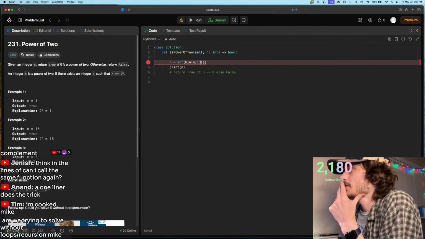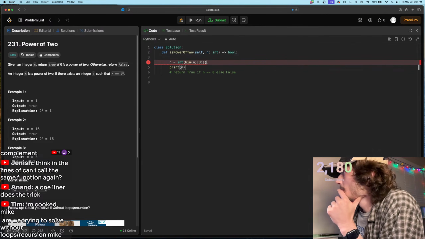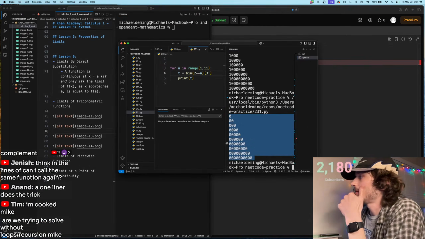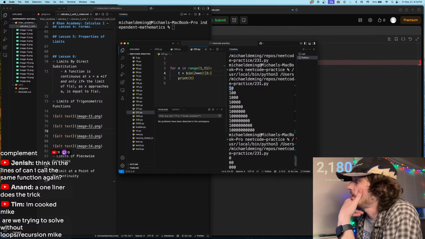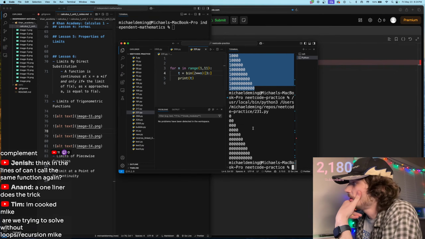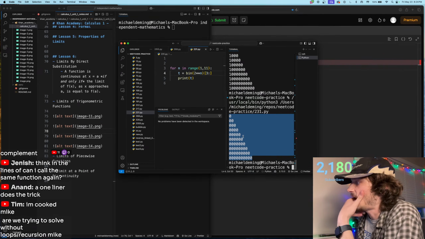Oh, so if you slice off, oh, interesting. My idea is that if I just slice off the 1 and evaluate if that value is 0, mathematically, then I have it here.